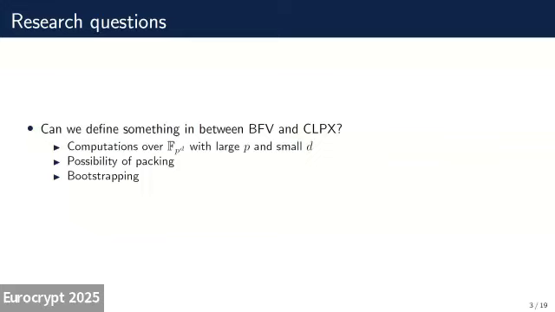Now, for many practical applications, we would actually like something that lies between BFE and CLPX. So in particular, a scheme that can do computations over a finite field of relatively large characteristic, that also has the possibility of packing, and that can be bootstrapped for arbitrary computations. And as you may guess, these research questions are solved by our generalized BFE scheme.